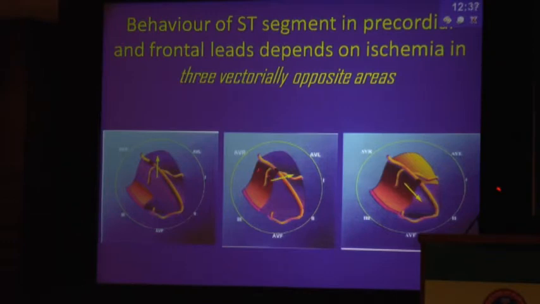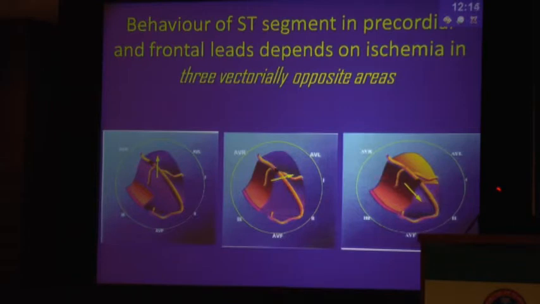If the block is distal to the septal and it is before the first diagonal, the axis of the ST segment will be pointing laterally, because that's the part which has got involved. The septum is spared. If the block is distal to the first septal and the first diagonal, then the distal part of the septum is involved.